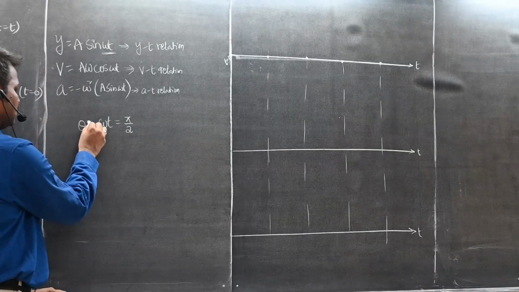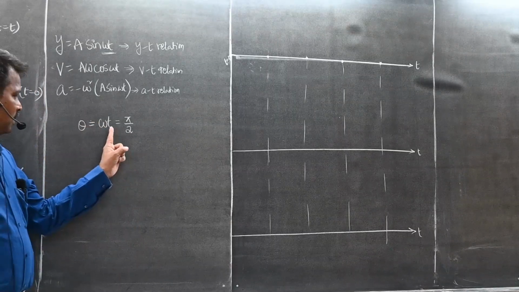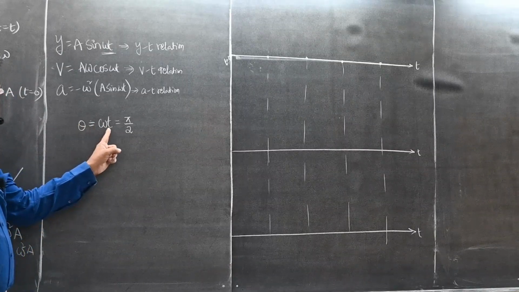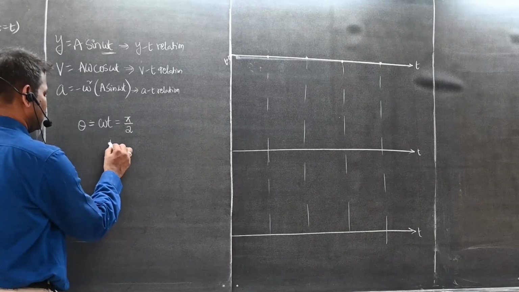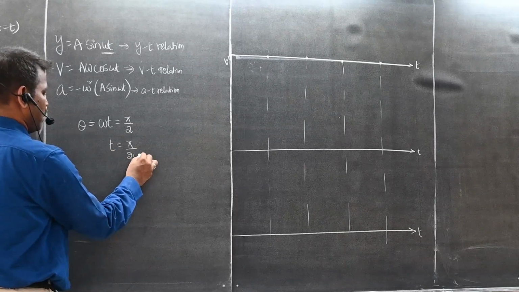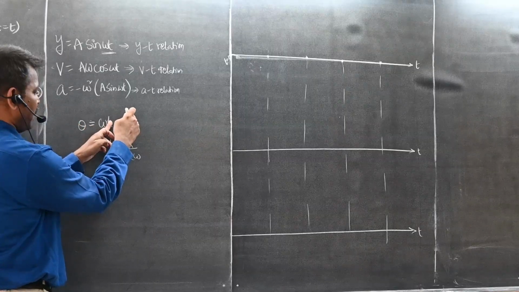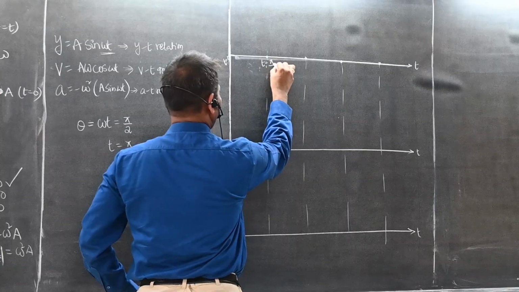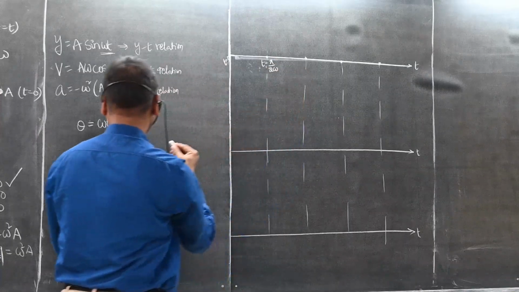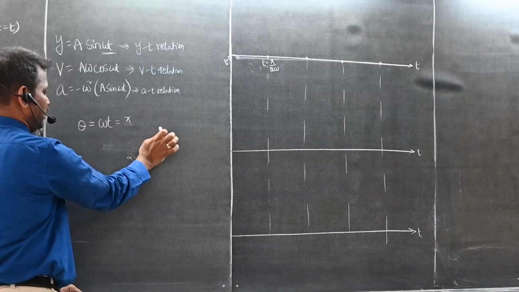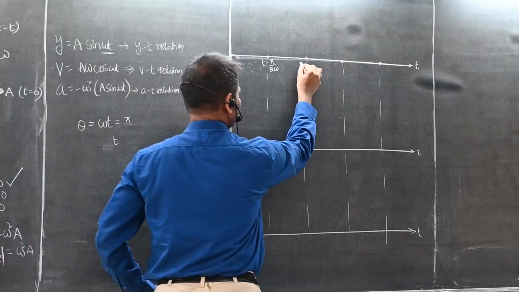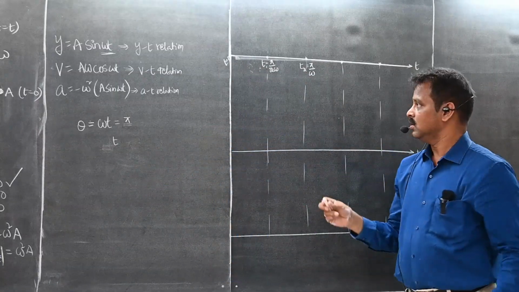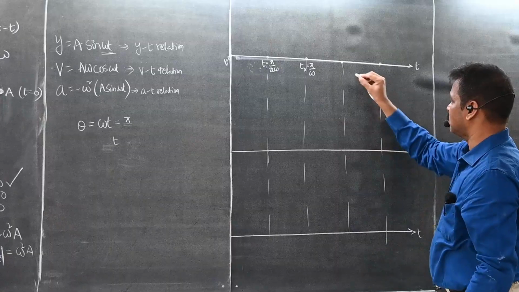Omega t means theta. Angular velocity into time is called angular displacement. Theta is equal to pi by 2, then t is pi by 2 omega. So the first time, T1, is pi by 2 omega. Second one, if theta is equal to 180 degrees, what is the time then? T2 is pi by omega. Next, theta is equal to 270 degrees, or 3 pi by 2. How much do you get?